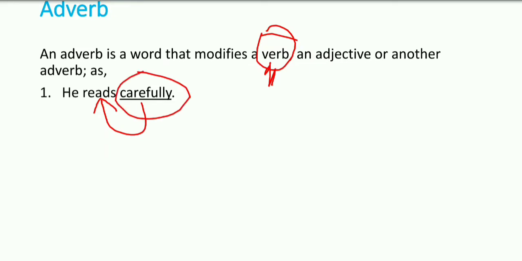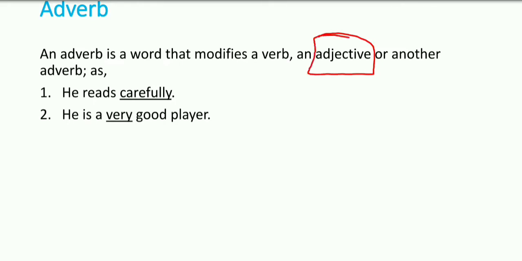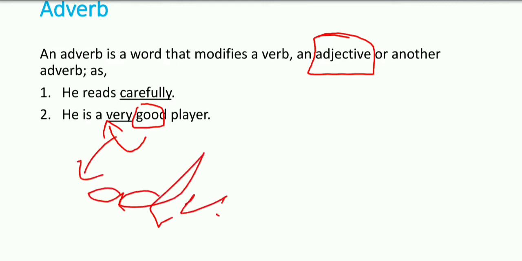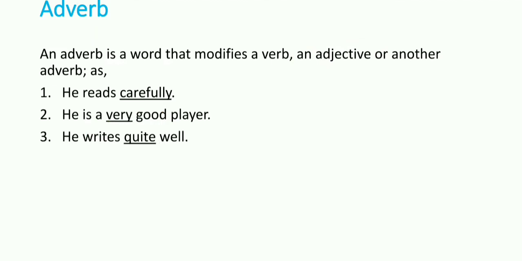Next example: He is a very good player. Secondly, we have said an adverb modifies an adjective. Here the adjective is good, and good is modified by the adverb very. So very is an adverb which is modifying the adjective, as defined earlier.